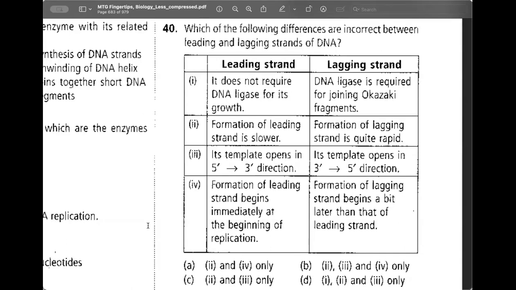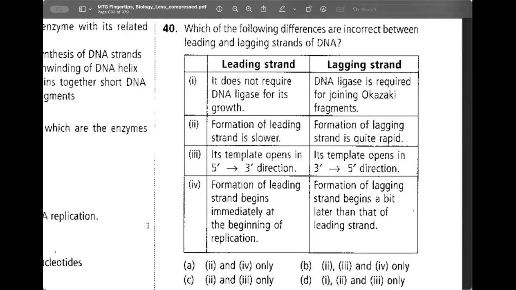So if you are making a leading strand, your template has to be 3 prime to 5 prime so that the complementary strand will be 5 prime to 3 prime. And 5 prime to 3 prime is the direction of DNA polymerase. So it will be continuously formed. So option 3 is incorrect.